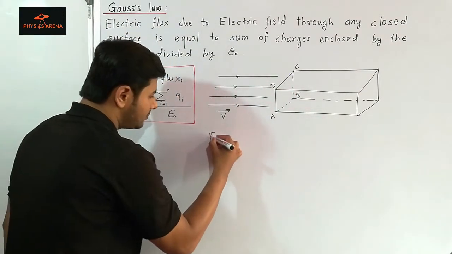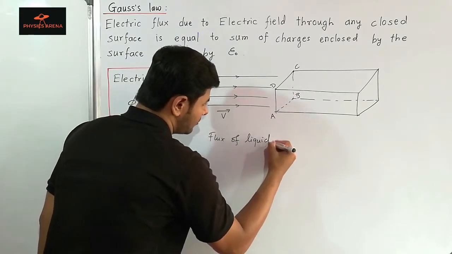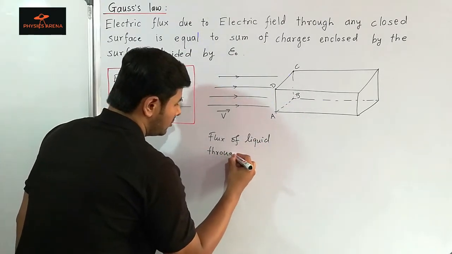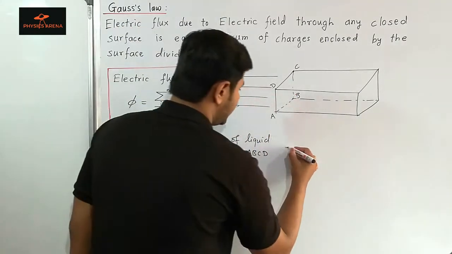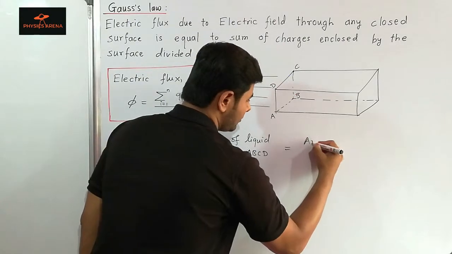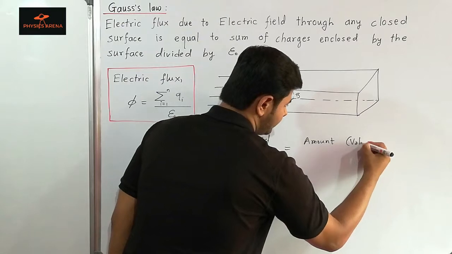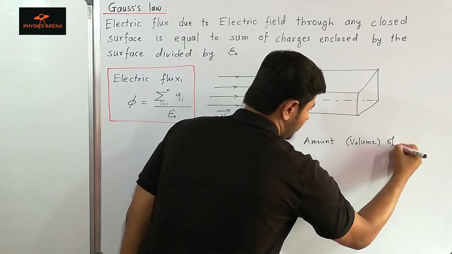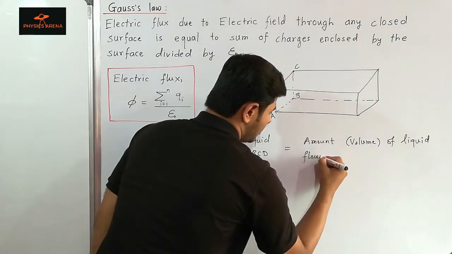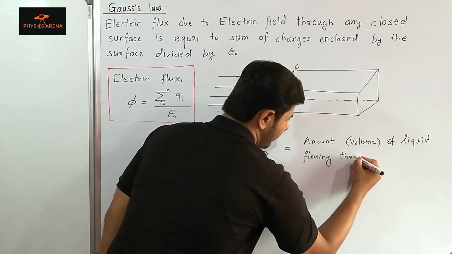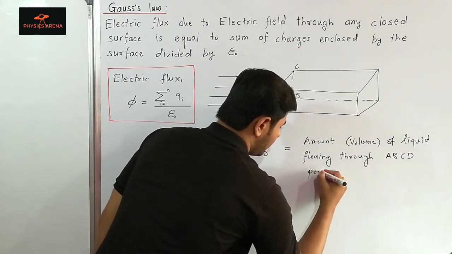So flux of the liquid through ABCD, the surface ABCD, is equal to the amount, that is the volume of liquid flowing through ABCD per unit time.